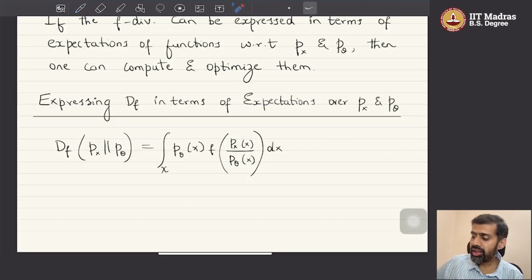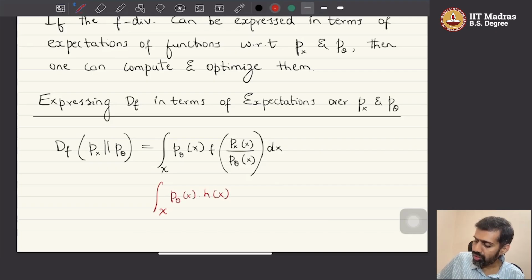Now, I will give you a rough overview of how this math is going to go. Please observe that we have p theta of x, which is a density function, and we have some function. If you compare this with the integral I had written before, some density function times some function of the random variable x, the definition of F divergence does not look similar.